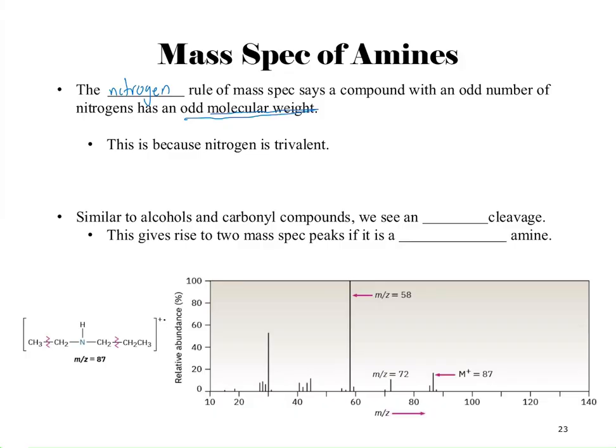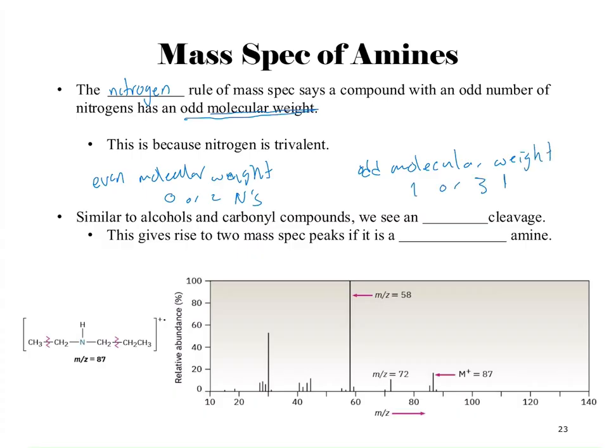An even molecular weight means that we have 0 or 2 nitrogens. An odd molecular weight means 1 or 3 nitrogens.